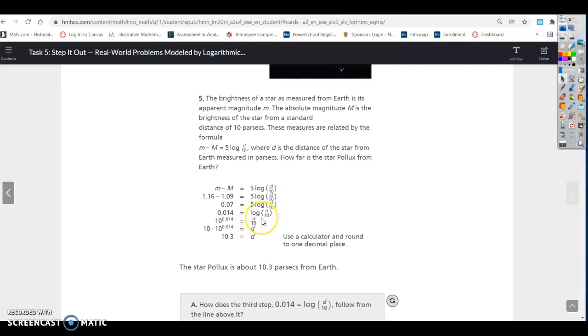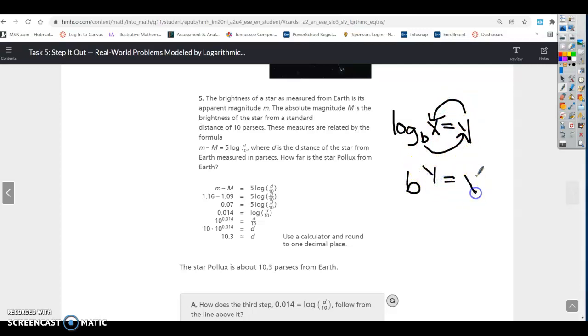Now that we have this in logarithmic form, you can rewrite it again using the definition of log. I'm going to write this out one more time. So you've got log base b of x equals y. That means the base to the y power equals x.